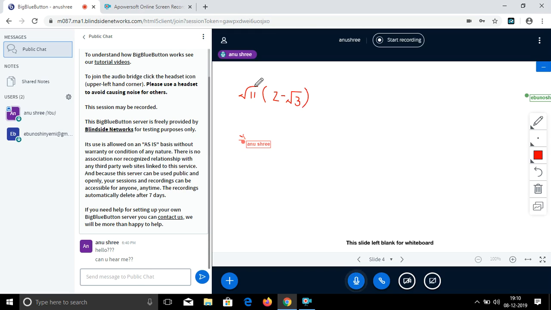So what you have to do, just multiply this with the first number, that is 2 root 11, and then multiply root 11 by root 3. So you'll get 2 root 11 minus root 33.